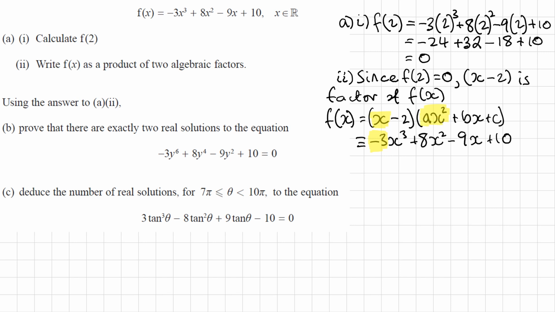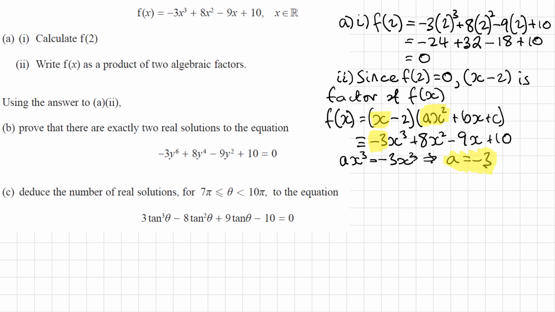So I've basically got ax cubed, when I multiply it out, is equal to negative 3x cubed, which leads to a equal to minus 3, sorry, minus 3. Right, so let's highlight that because we'll need it in a minute.